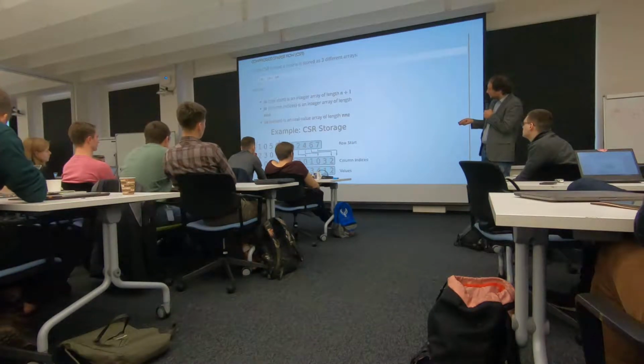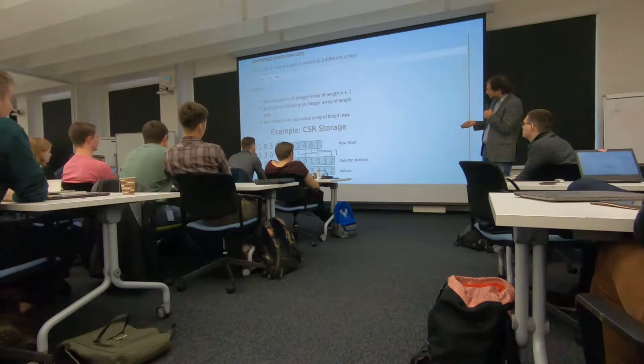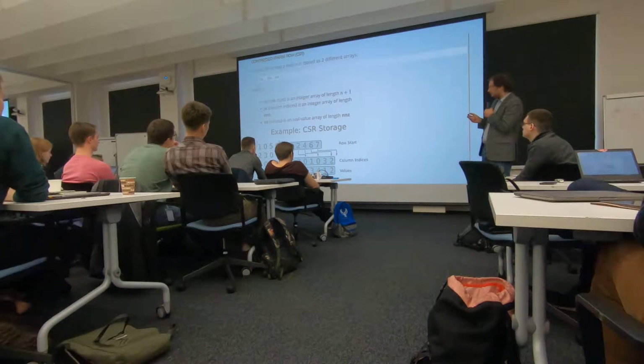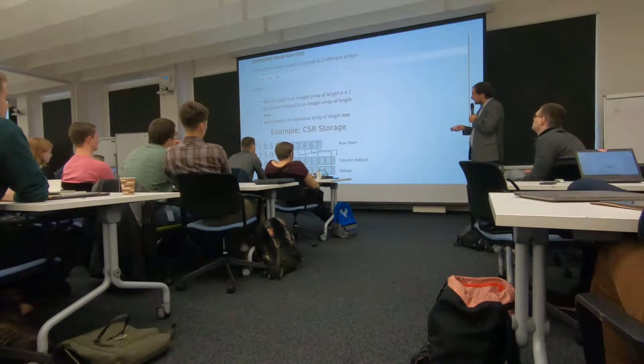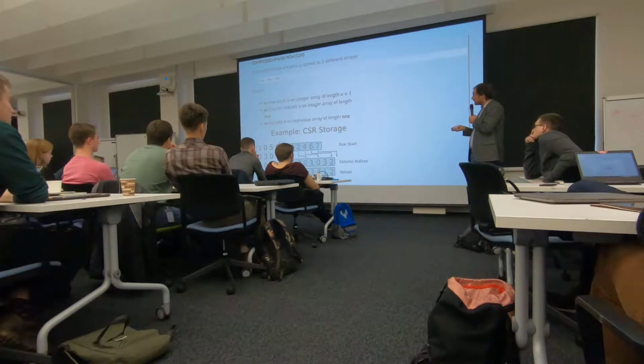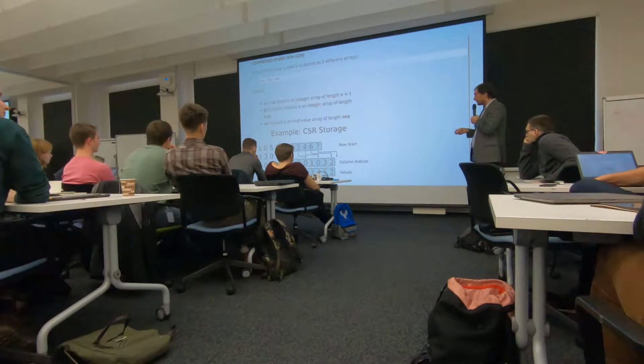So this would be in the first row, this would be in the first row, this would be in the second row, this would be in the third row, and this would be in the fourth row. Okay? And we also put the array of length n plus 1 for convenience.